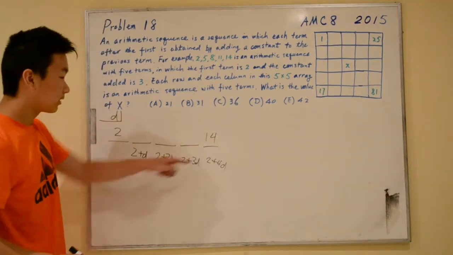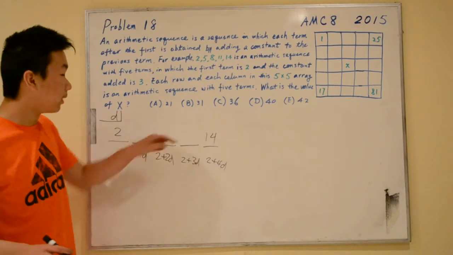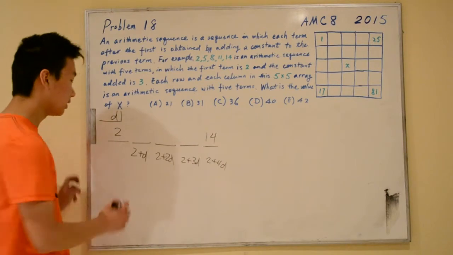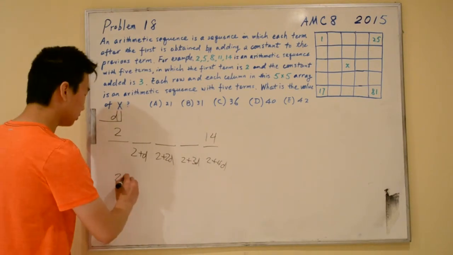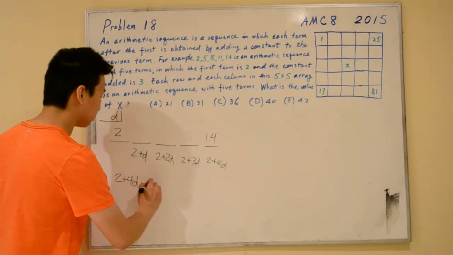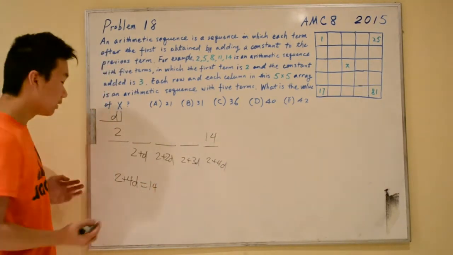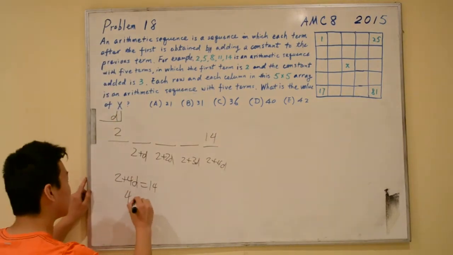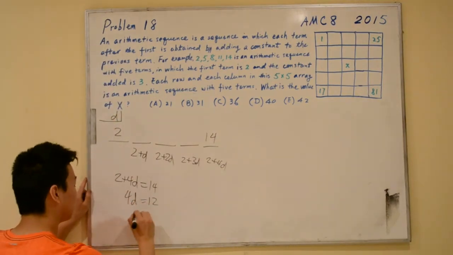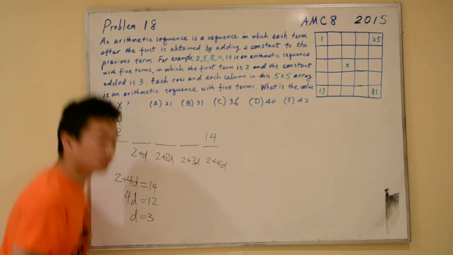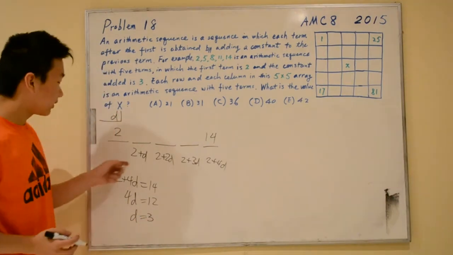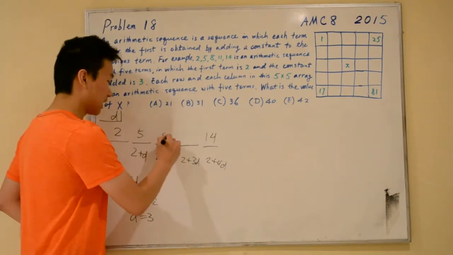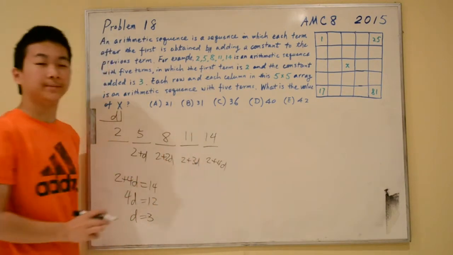So for the last term right here, it's both 14 and 2 plus 4d, so we have an equation: 2 plus 4d equals 14. With this equation, we can solve for d. So 4d equals 12, so d equals 3. Now that we know d is 3, we can find the rest of the terms. So this one is 5, this one's 8, this one's 11.